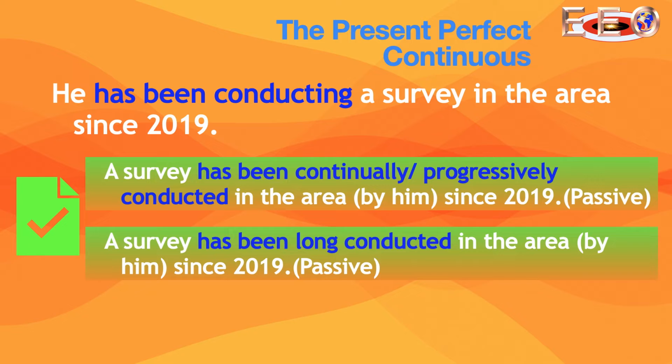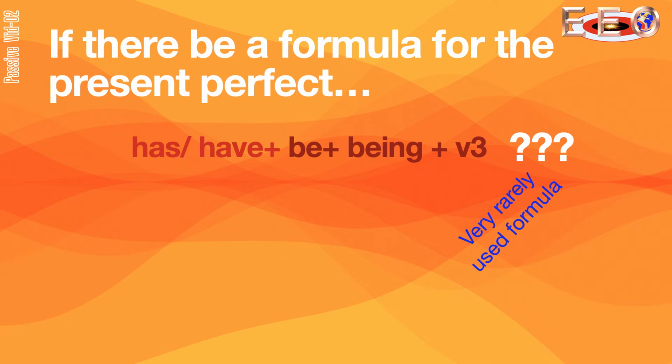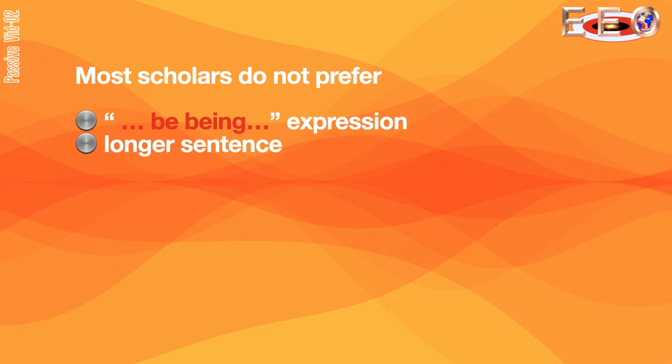Even if we can create a new form of sentence for them based on the formula, it's awkward because of the coming of two consecutive verb to be's, being plus being, uncommon so far.